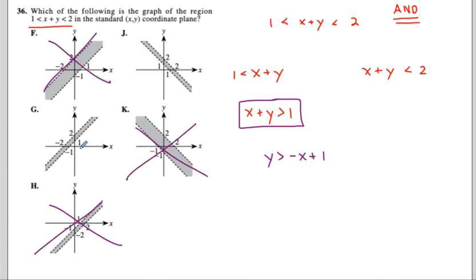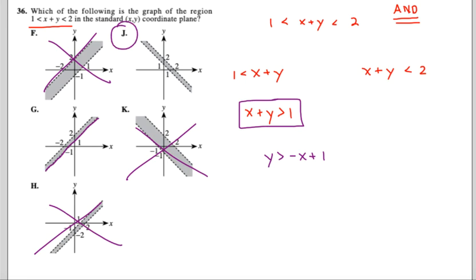This one has a y-intercept of 1, but it has a positive slope, not a negative slope. So just by thinking about what this means, I knew the answer would be J.